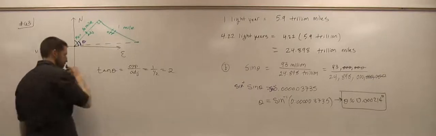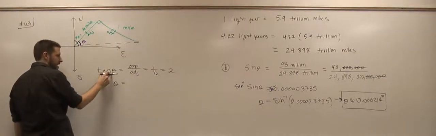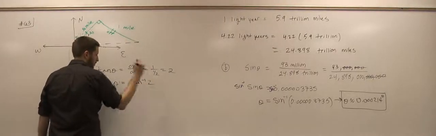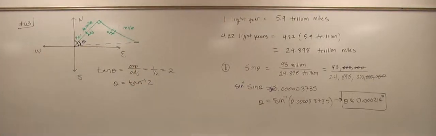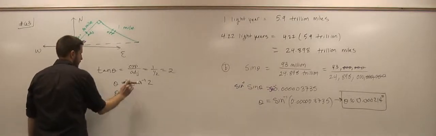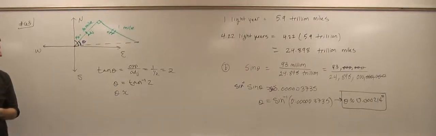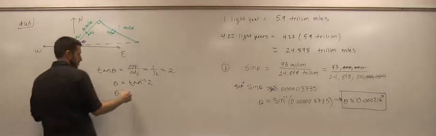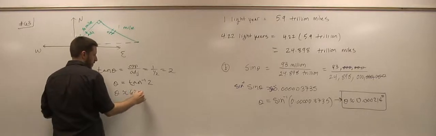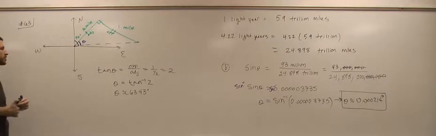So what's theta? How do you get theta? Tan inverse, right? You have to get rid of the tangent to isolate theta, so you take tan inverse. So in degrees, tan inverse of 2 is 63.43.